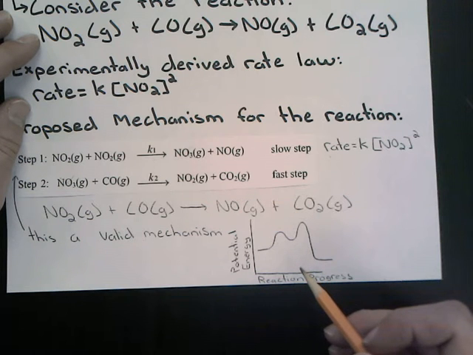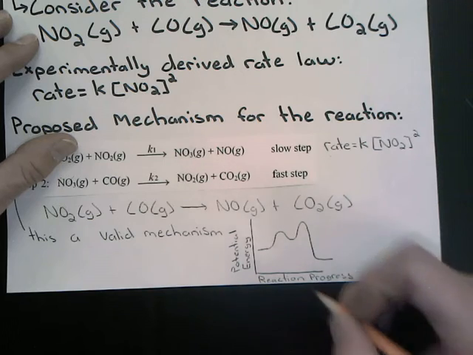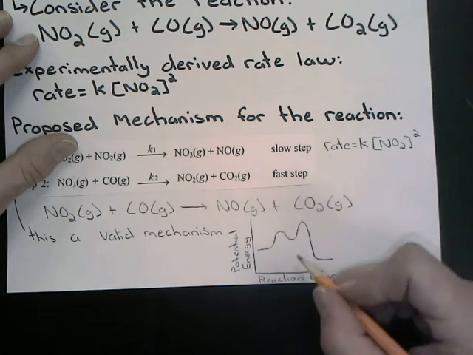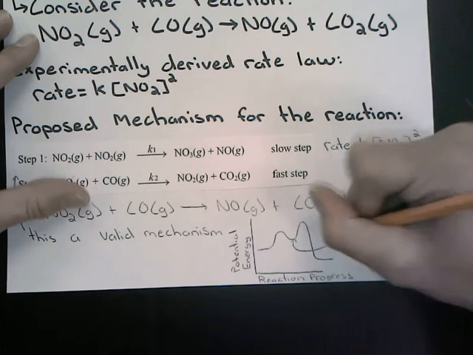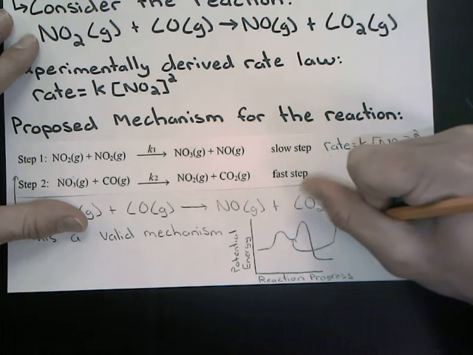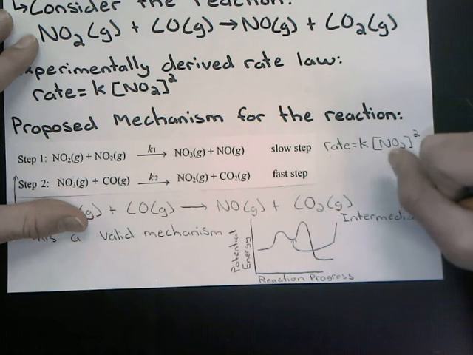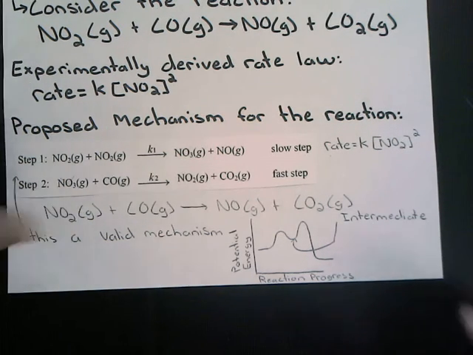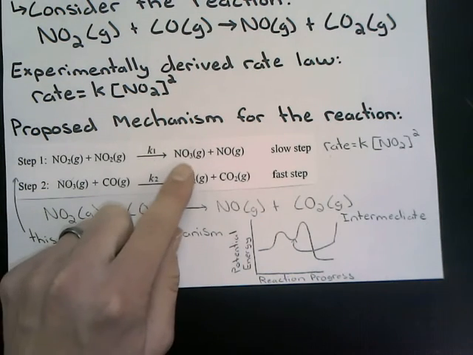And what I didn't get to telling you about in the last section is this guy right here, this middle hump. This is known as an intermediate. An intermediate is a substance that is formed in one step and then consumed in another. Well, let's take a look at NO3.